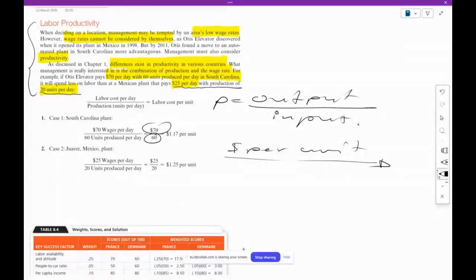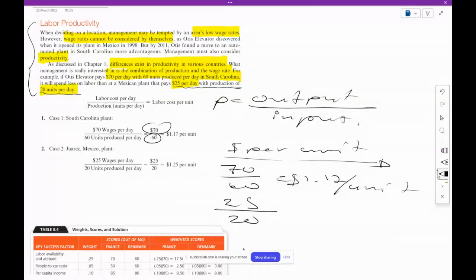So you can see that the interest is in the money per unit, and that's why you have 70 over 60, which is $1.17 per unit, and also the 25, which is 1.25 per unit.